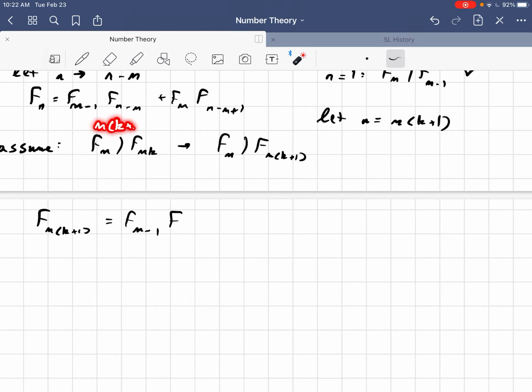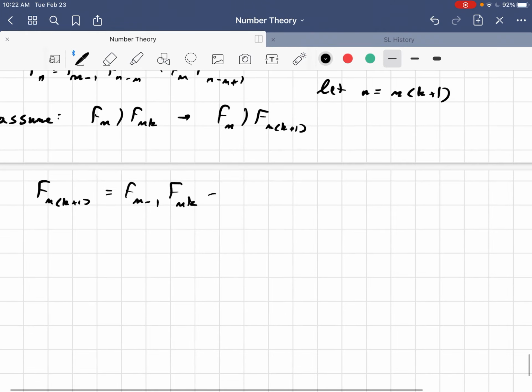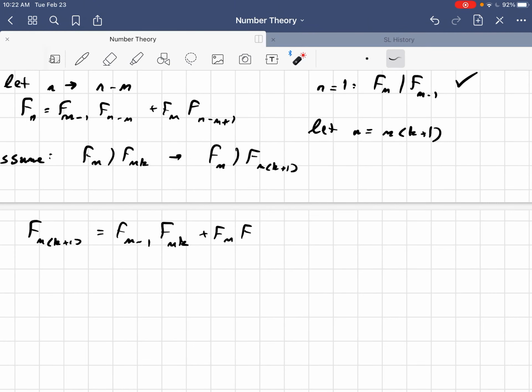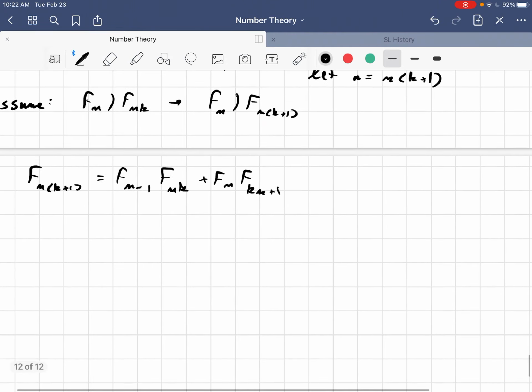But m times k plus 1 minus m is just going to be equal to mk, because the m's will cancel out. Yeah, so just f sub mk plus f sub m, f sub, and now m times k plus 1 minus m plus 1 is going to be f sub mk plus 1.